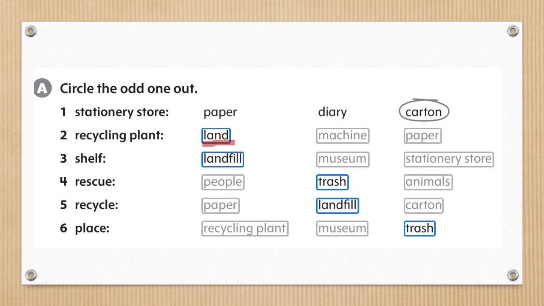Number 3 was landfill. Number 4 was trash. Number 5, landfill. 6, trash. Students, if you have any incorrect answers, please erase them and change them to the correct answer.